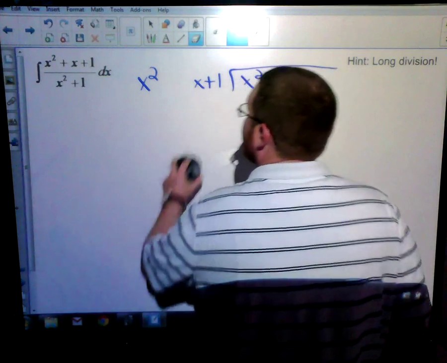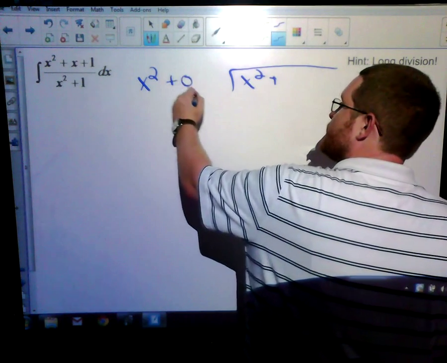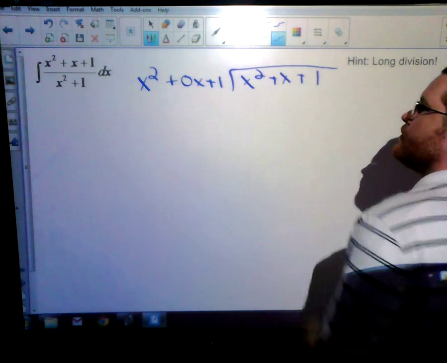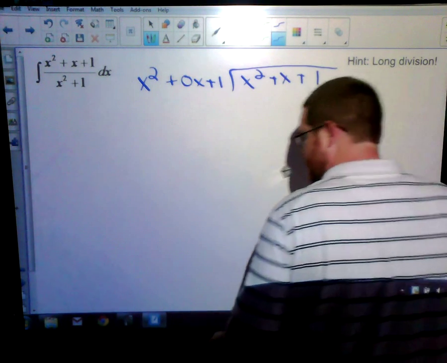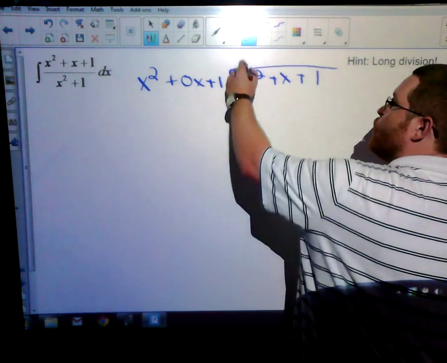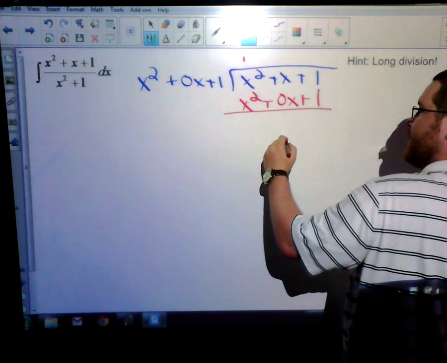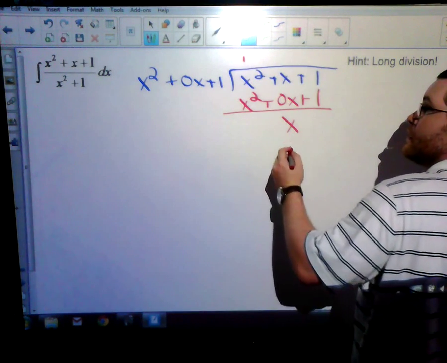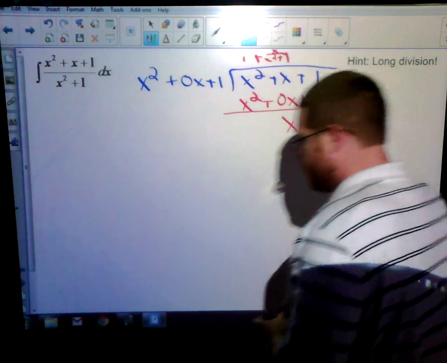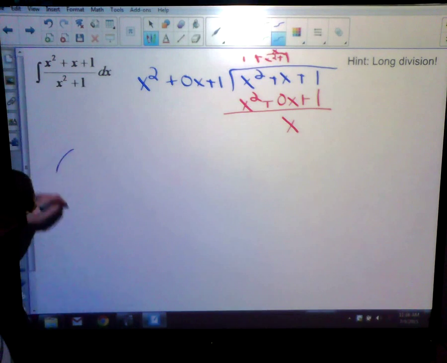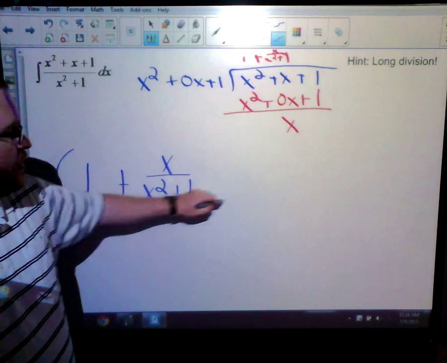Nope, I was right the first time. x squared plus 0x plus 1, x squared plus x plus 1. Top goes on the inside, bottom goes on the outside. So, how many times will x squared go into x squared? 1 time. That gives me x squared plus 0x plus 1. If I subtract, I get x, and that's it. So my remainder is x, so I have an x over an x squared plus 1. So now my problem is the integral of 1 plus x over x squared plus 1 dx.